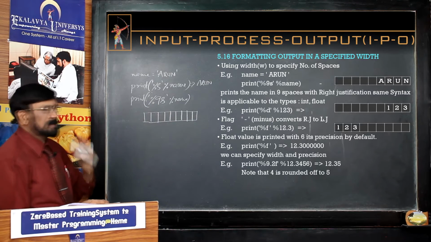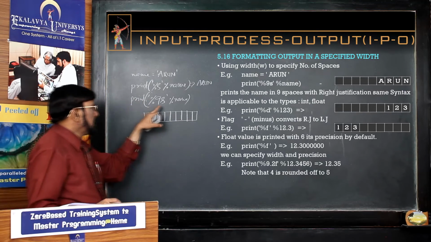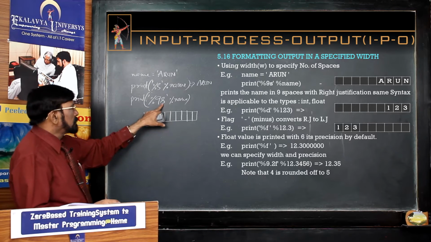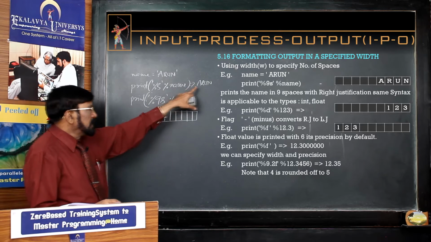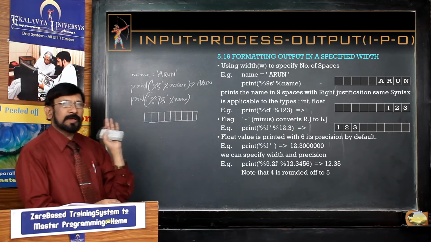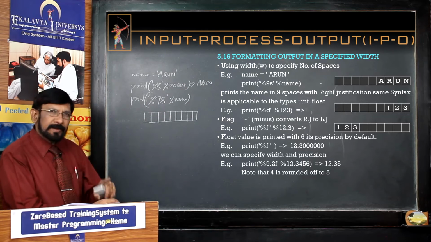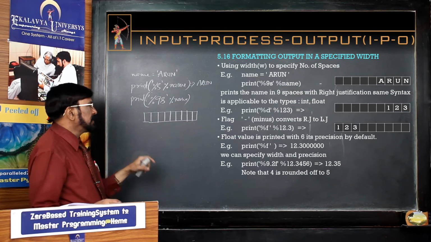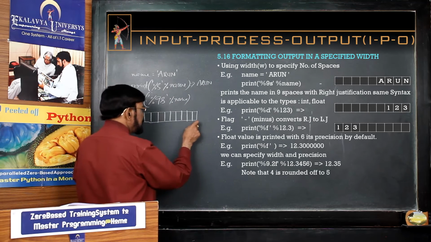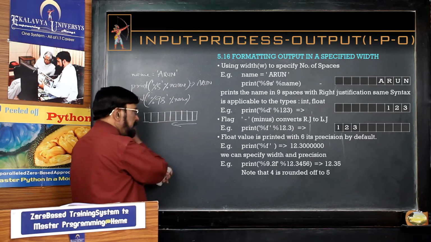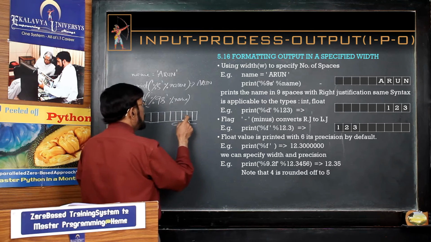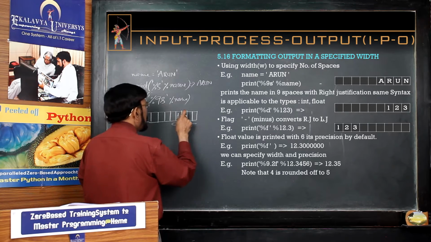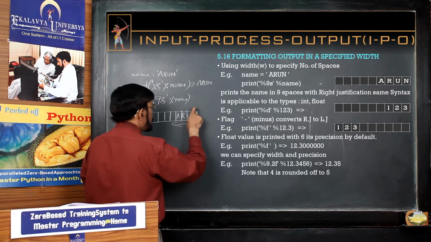9 spaces are allocated. And what we want to write? We want to write a string. How many characters are there in the string? 4 characters are there. By default, these 4 characters are printed with the right justification. Right justification means this, from right to left, those are printed. Then you see Arun.